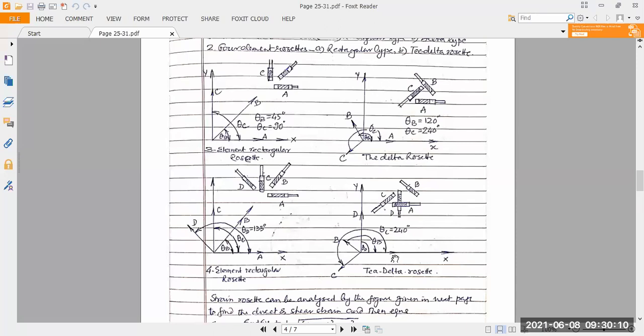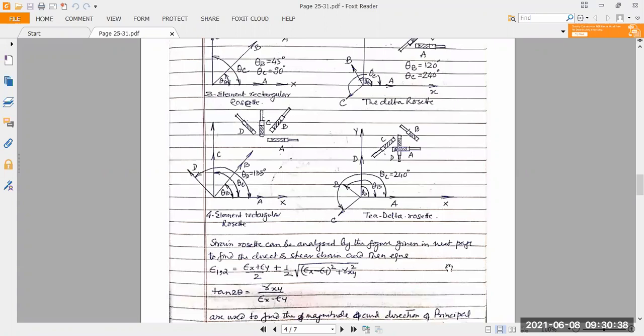The next strain gauge D, the fourth strain gauge, is put vertically from A, that is OD, equal to 90 degrees, and OC is equal to 240 degrees itself.